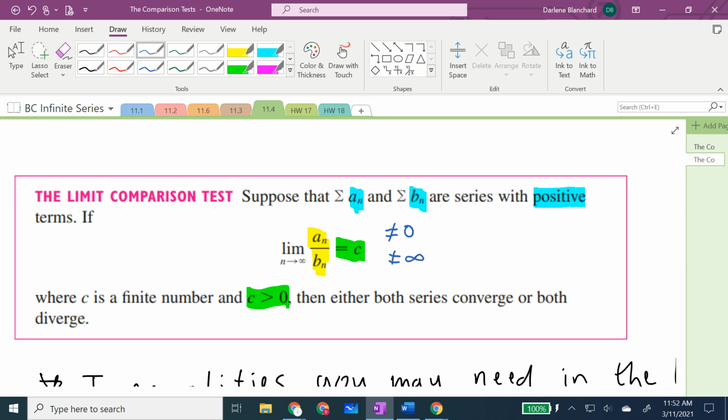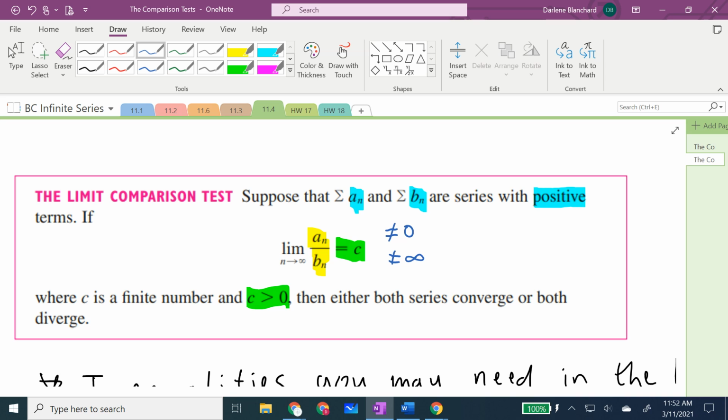If their ratio is heading to zero, they are not holding on to each other with a finite ratio. If the answer to this limit is infinity, they are not holding on to each other with a finite ratio.